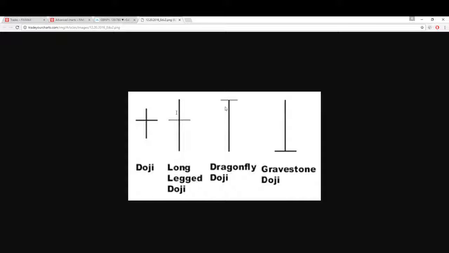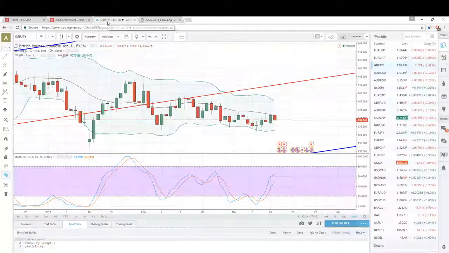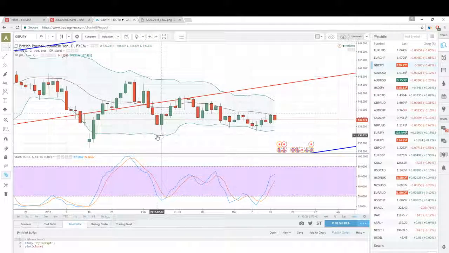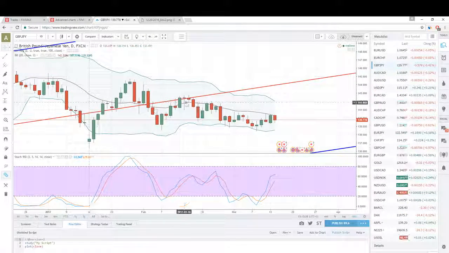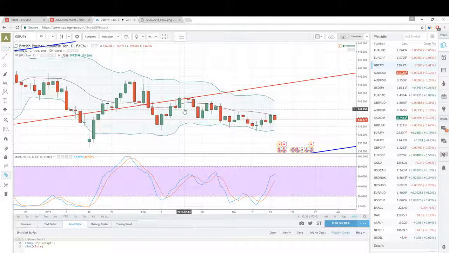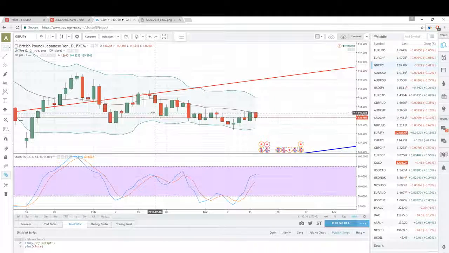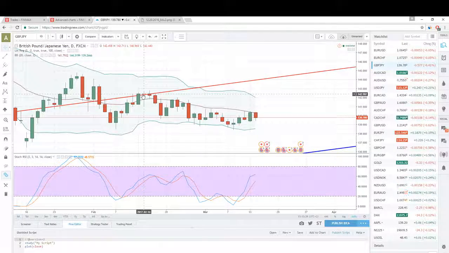So the most important part of the dragonfly doji is the long lower shadow. Okay, so here we see the figure that looks like the dragonfly. I hope you can see it well. The price of opening and the price of closing was almost the same.